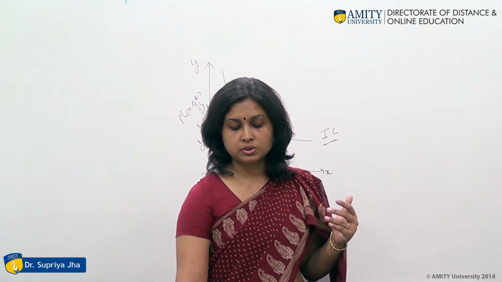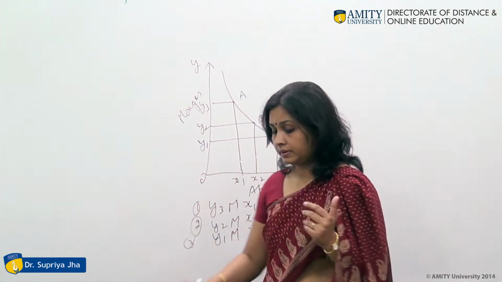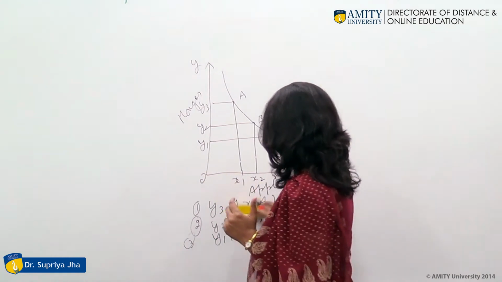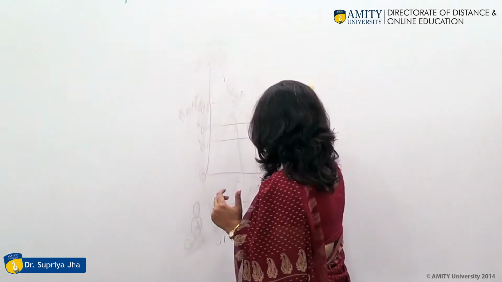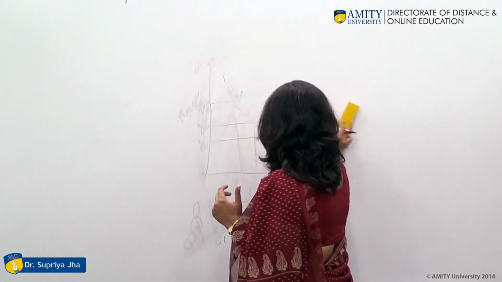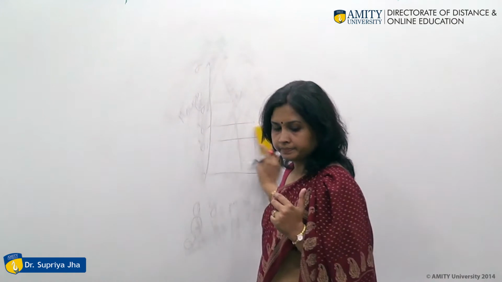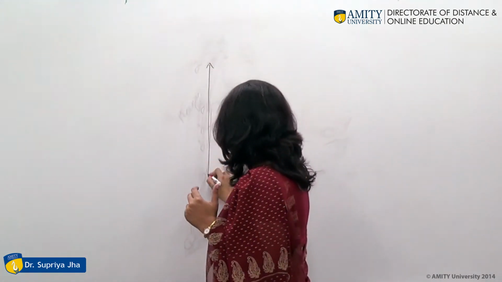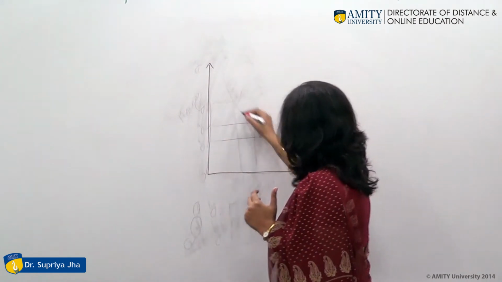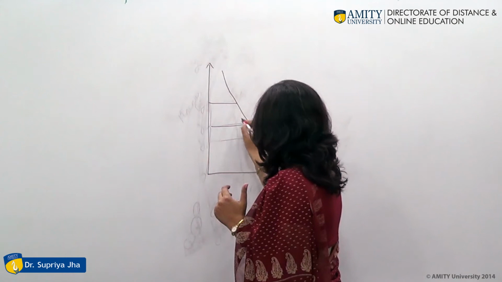Marginal rate of substitution, we can show it on the graph like this. This is downward sloping.